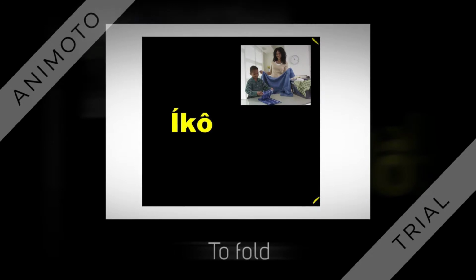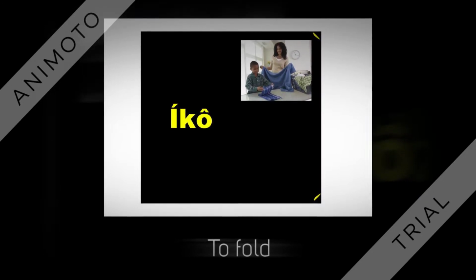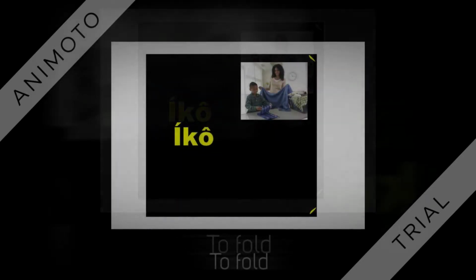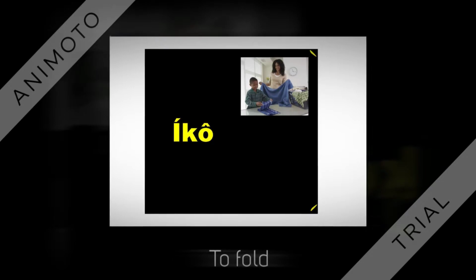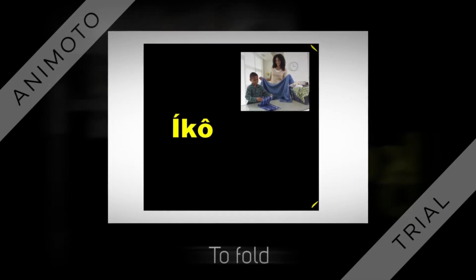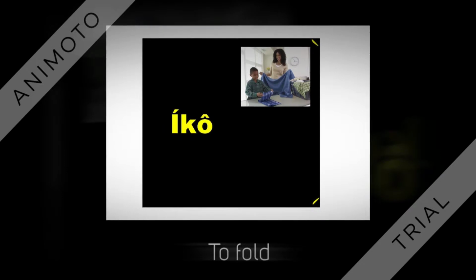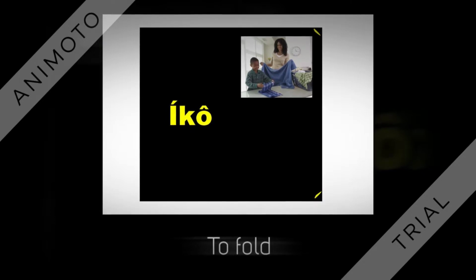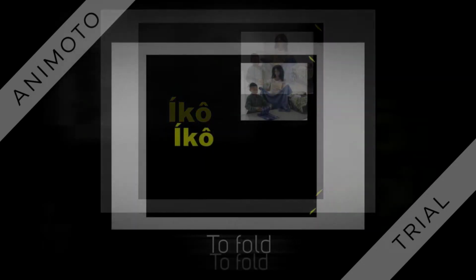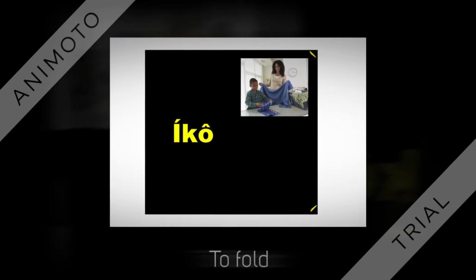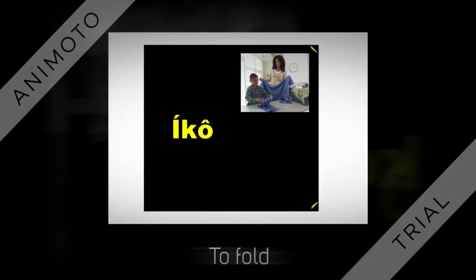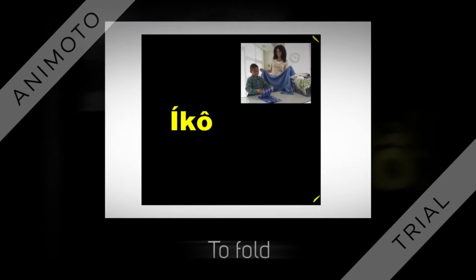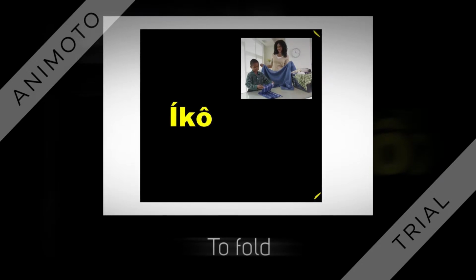The stress mark on the I is rising from left to right, and the mark on the O in this case is what I will say an inverted V. So the word is equal to fold. And like I said, it is spelled IKO.